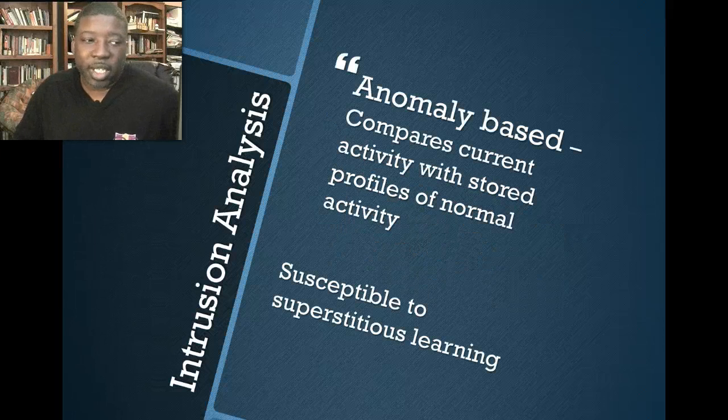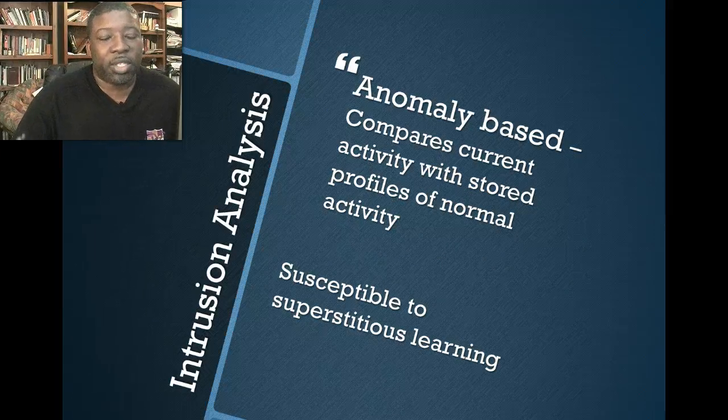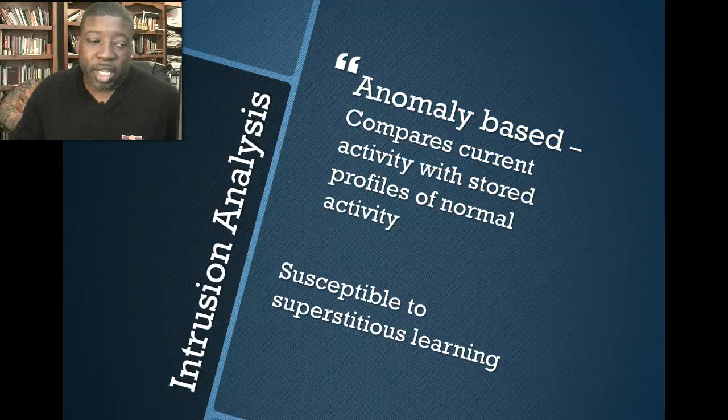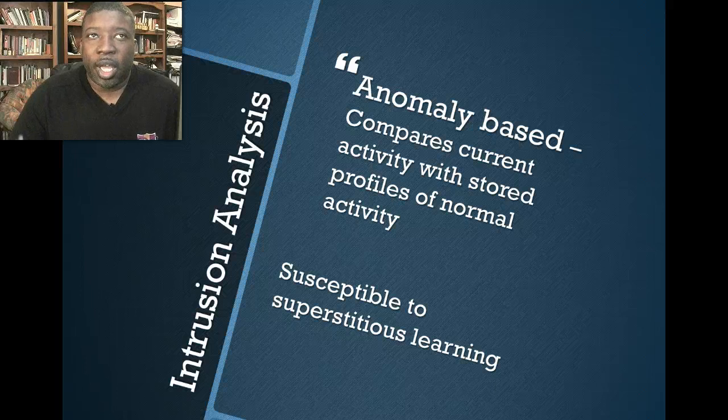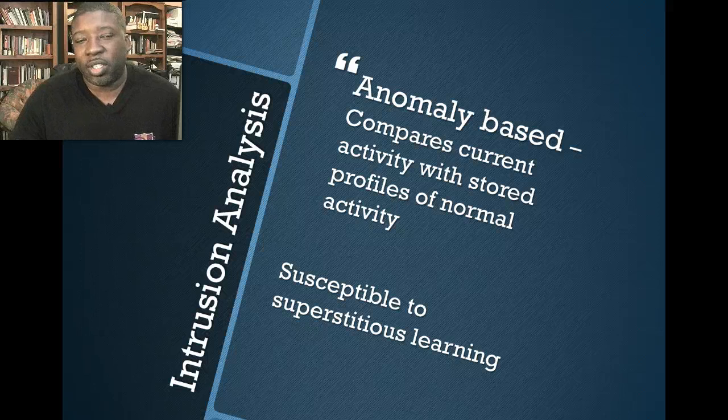So an anomaly-based system compares current activity with stored profiles of normal activity. So let's look at this. It says it's susceptible to superstitious learning. What happens is when you implement this type of solution, let's say this is a project that you are working on, you want to base your knowledge of your network system, so you baseline it.